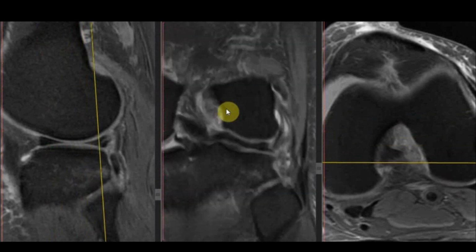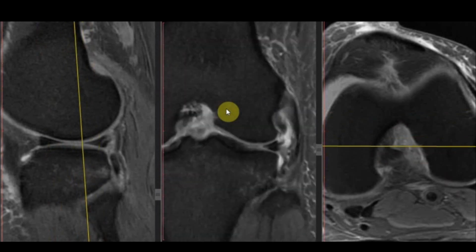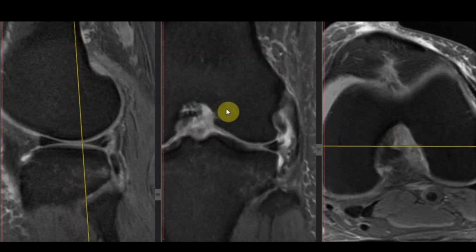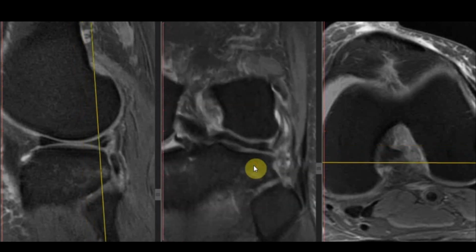Let's see in coronal plane. There is a horizontal plus vertical component of the tear, and it is reaching the inferior articular surface. So there is a complex tear involving the posterior horn of lateral meniscus.